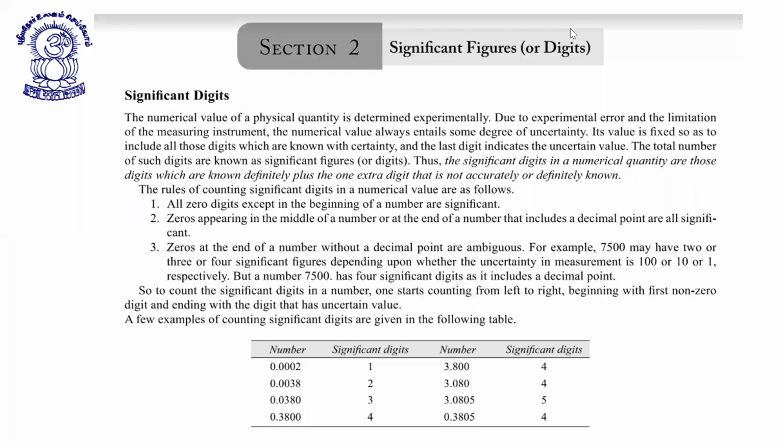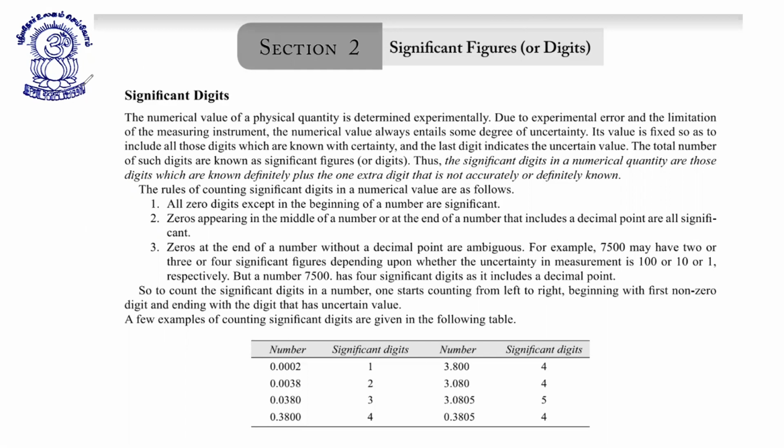So what are significant figures? In chemistry, the amount of substance is a very small number, and we are not able to write it out because it is a very large number. So for that sake we use numbers in terms of powers of ten, that is, we write the notation in the power of 10.